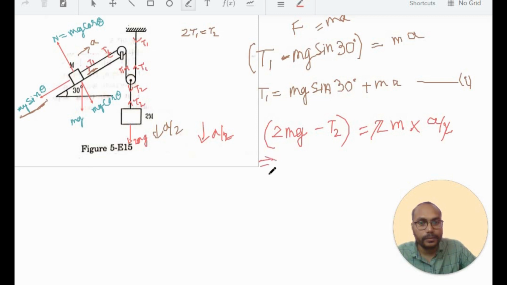Again we can write twice mg minus T2 equal to ma, or T2 equal to twice mg minus ma. This is our second equation.